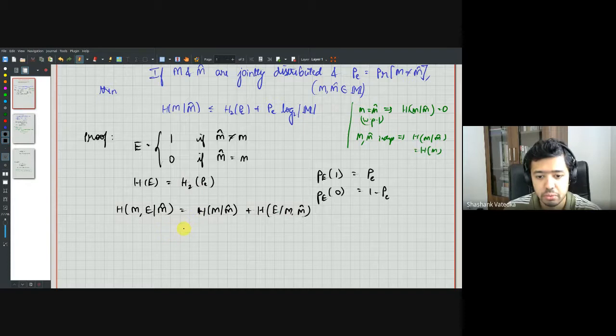So that's what the chain rule tells us. The first term is easy to bound, so let's keep it as it is.